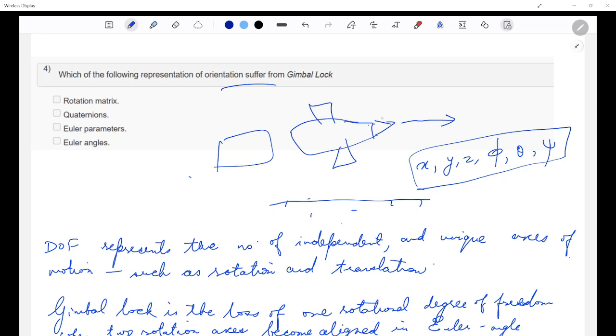Rolling is about, let's say this is your axis. Then if you move about this, it is rolling. If you move about this axis, like up and down, it is pitching. So about all the three X, Y, and Z, the motions are roll, pitch, and yaw, right?